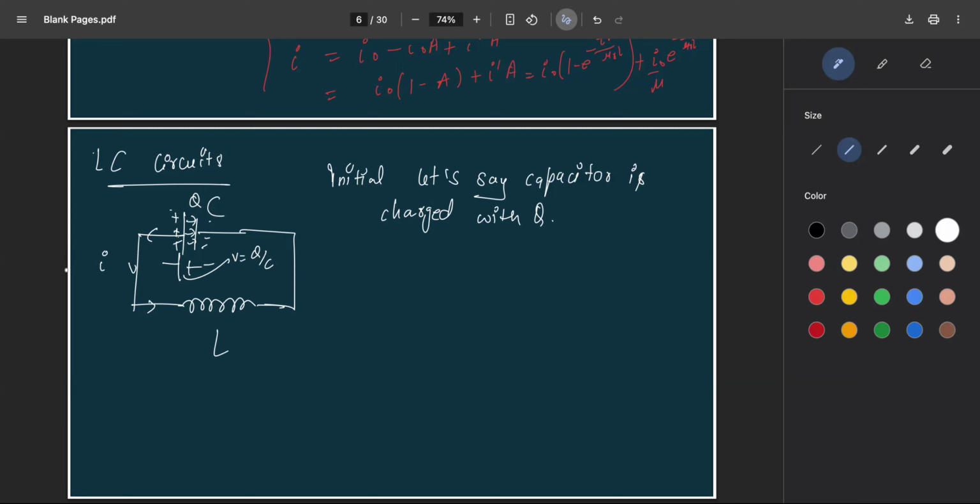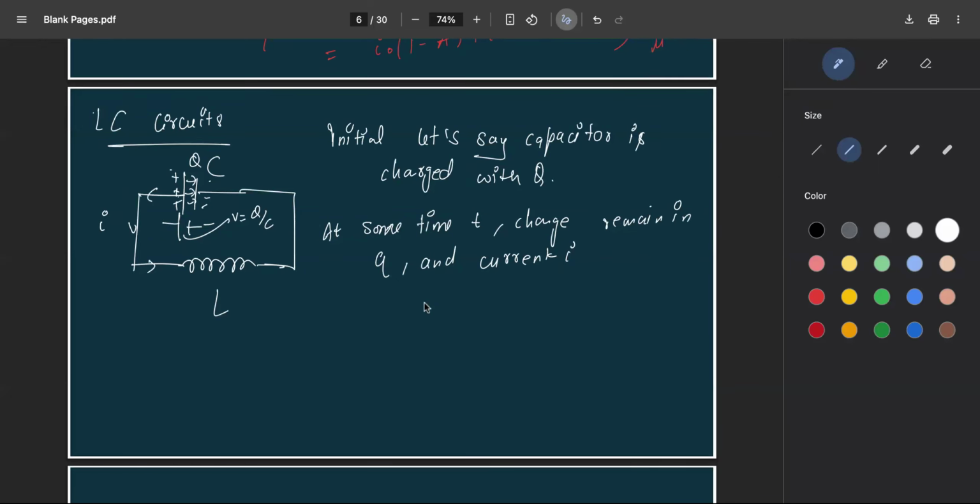Assume that at some time t, the charge remaining on the circuit is Q, and the current flowing is I. You know, current is nothing but how much charge is flowing with time, right?